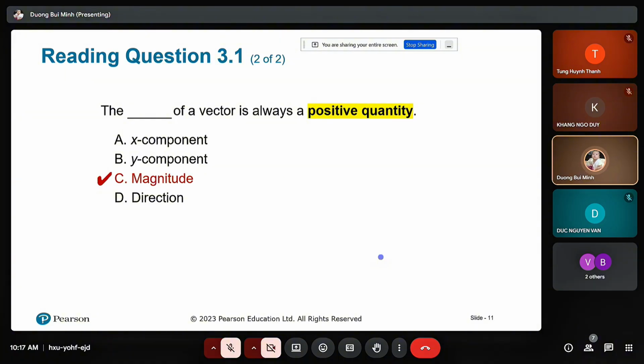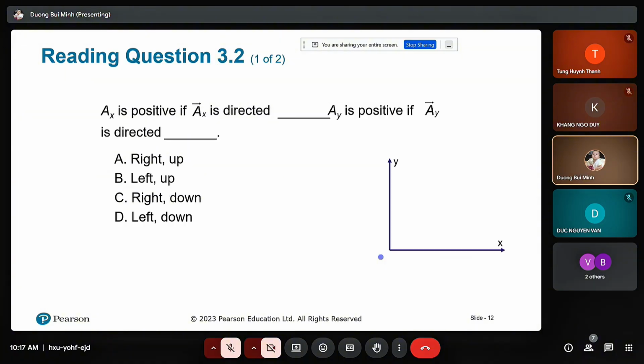Sometimes we can say it's absolute value. Now, very easy, right? Ax is positive if directed along the x-axis, right? So that means right side, and this one means upside, right? Yeah, right side and upside, right? Very easy. Okay, just review.